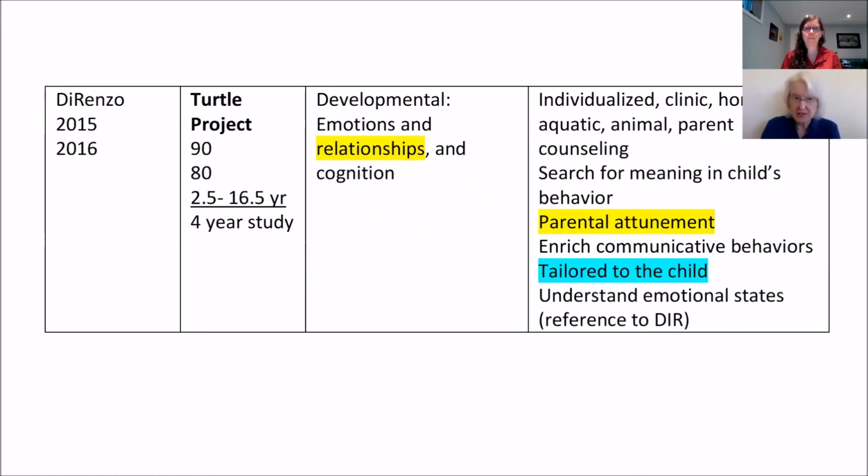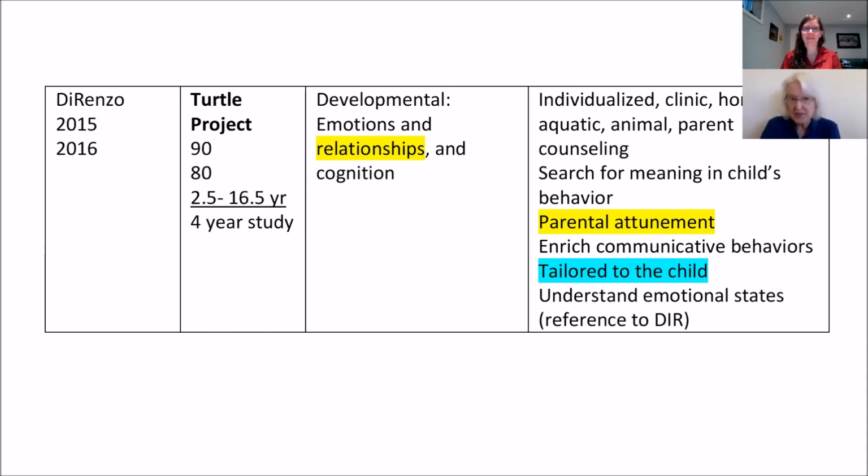And then the last developmental study I just wanted to mention is one that I really enjoy. Maybe it's the name, the Turtle Project. It's in Rome, Italy, and it's a project that's been going on for over 40 years.